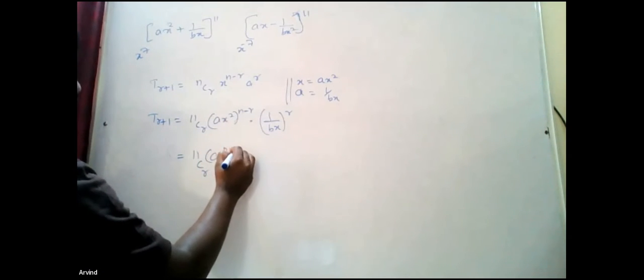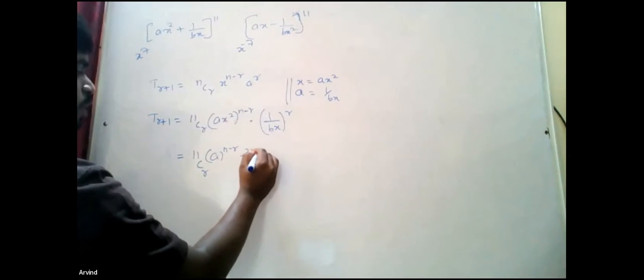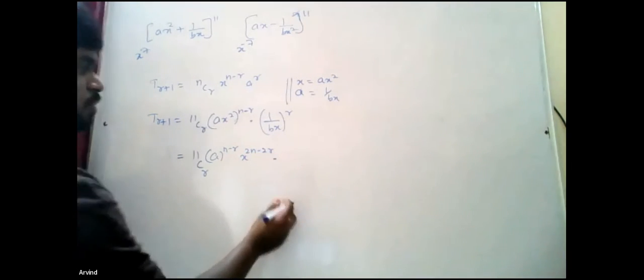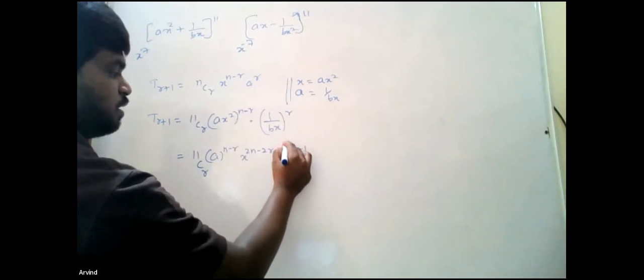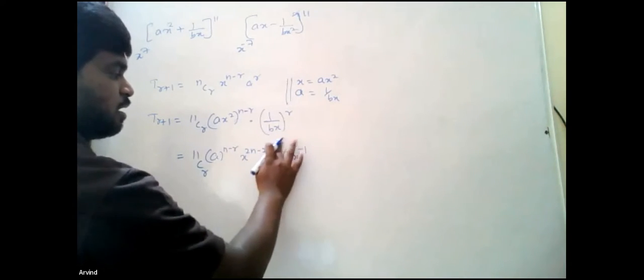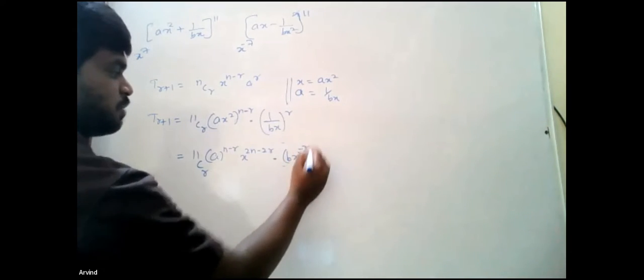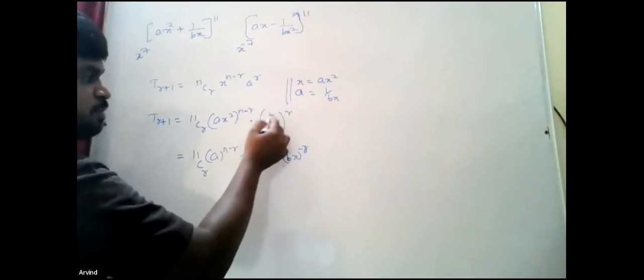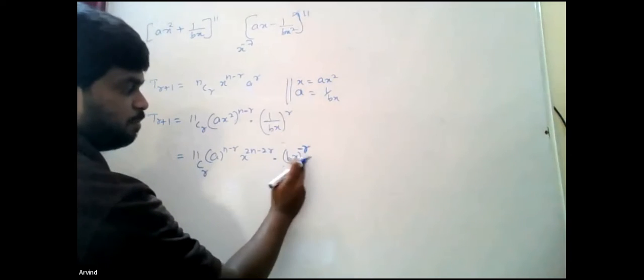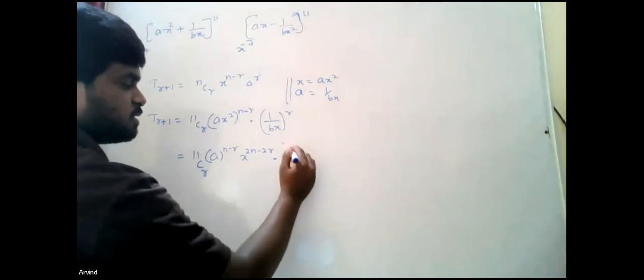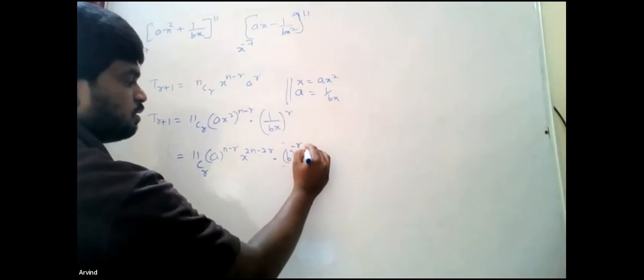This can be written as a to the power n minus r x to the power 2n minus 2r, into, bringing bx up, (bx) to the power minus 1 whole to the power r. So minus 1 to the power r is minus r. Simply put, I am taking the reciprocal, so the plus r becomes minus r. Then I will expand the powers of b and x separately.